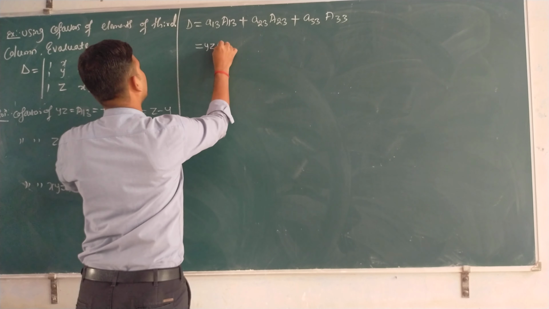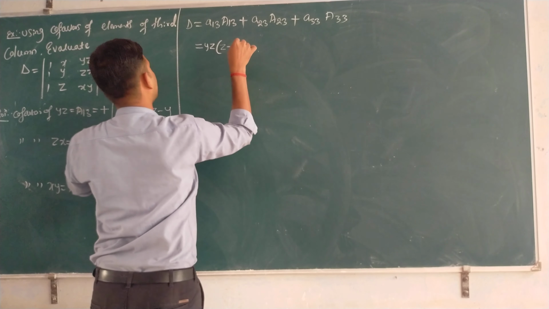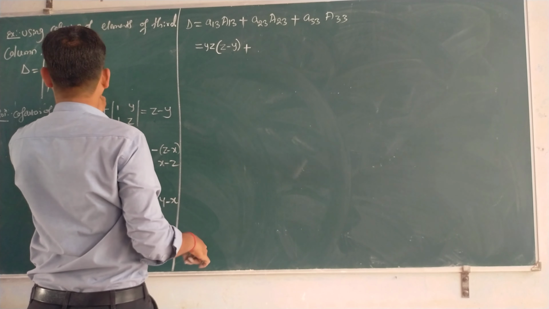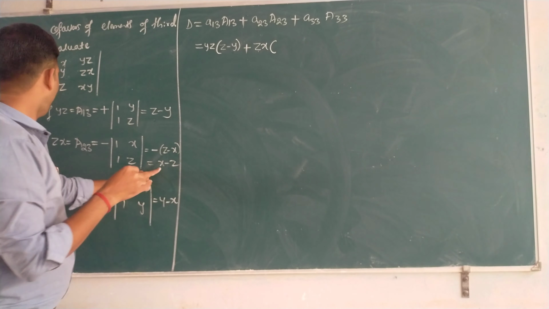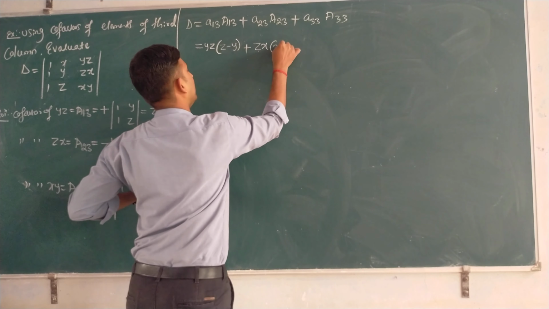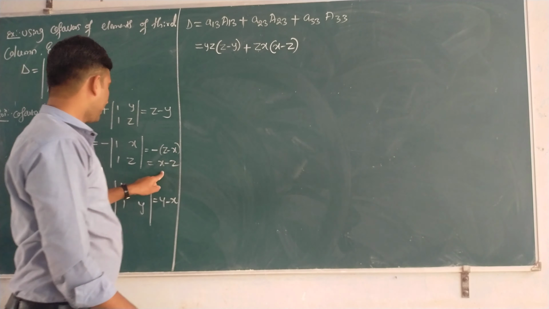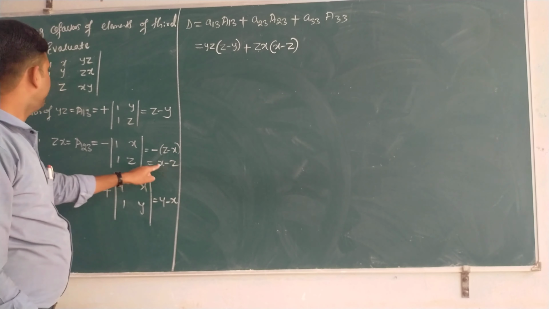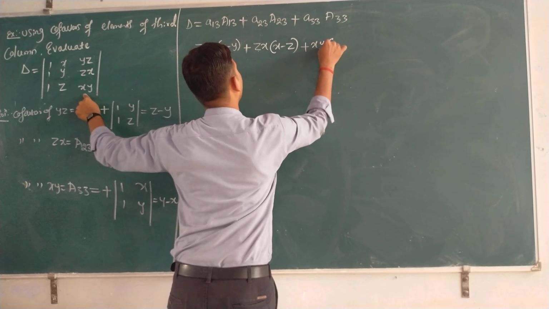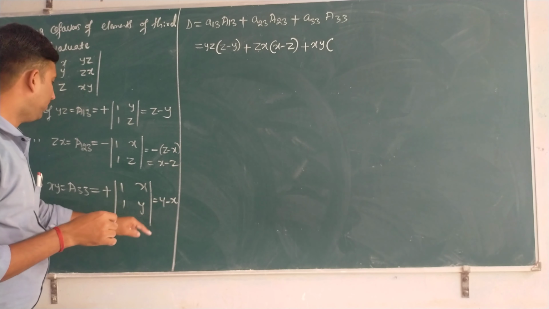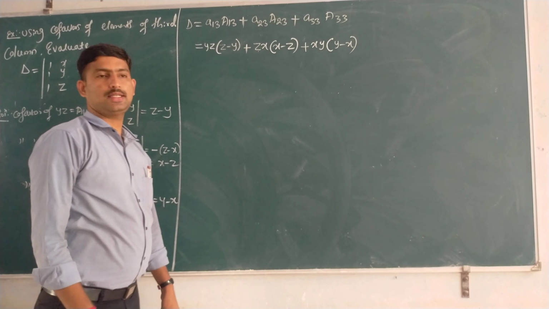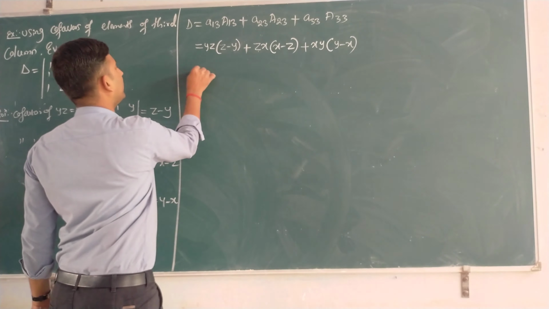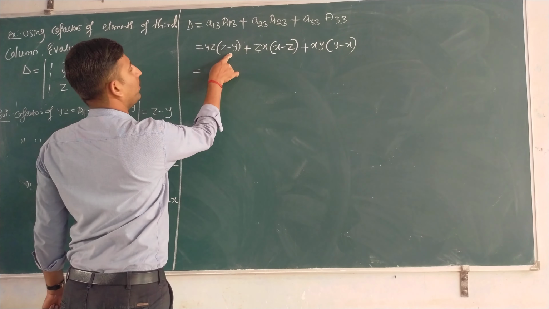Plus A23 is nothing but what? A23 is nothing but zx, small zx into capital A23, which is x minus z, plus A33 is nothing but xy into y minus x, which is nothing but, what are the values?